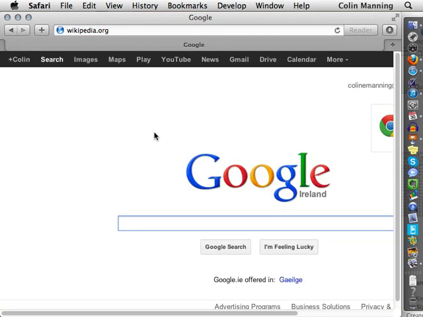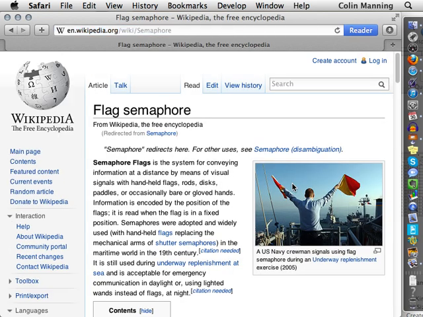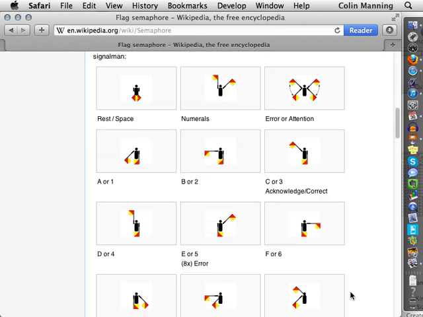Okay. I so hope I'm right about the flags, because it's one of those stories that's so convenient you wish it was true. When you talk about the flag things, I mean guys on ships. Look, this US Navy crewman signals using flag semaphore. Okay, yes, I'm right.